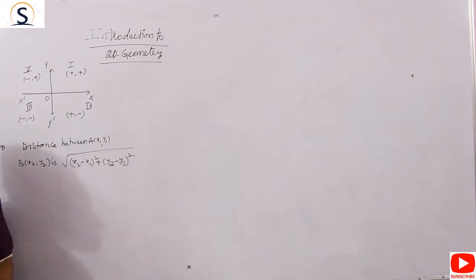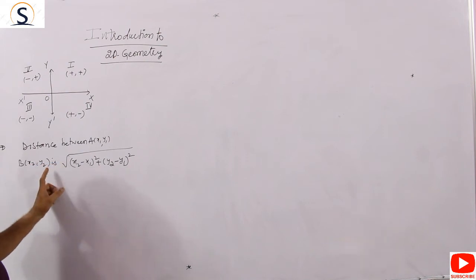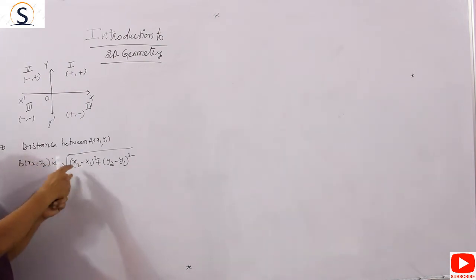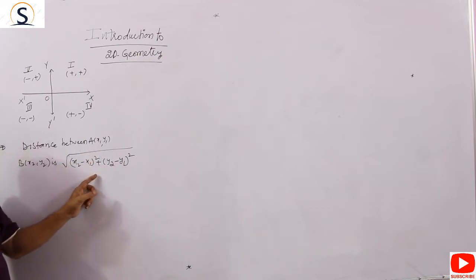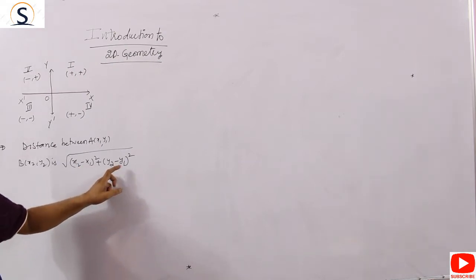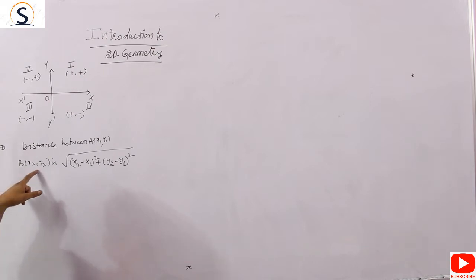This is the distance between 2 points. You already studied this in 9th class and 10th class. You can take x1 minus x2 or x2 minus x1, because the square is there. Whether you get negative or positive, it becomes positive only. Therefore, y2 minus y1 whole square or y1 minus y2 whole square. This is the distance between 2 points A and B.